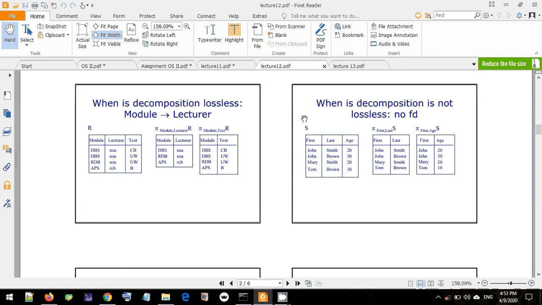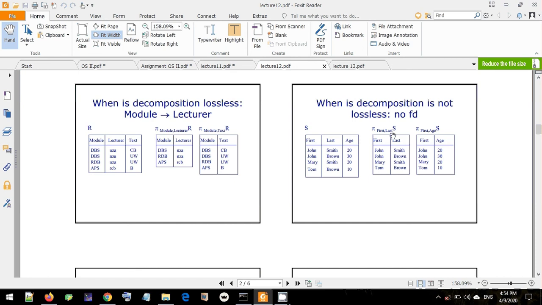So even if we perform projections, it is not lossless, because there is no functional dependency between first, last, and age. Now let us perform a projection of S on first and last, and also a projection of S on first and age, attributes rather. Sorry.